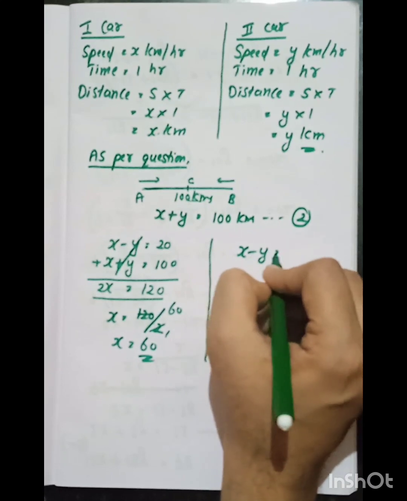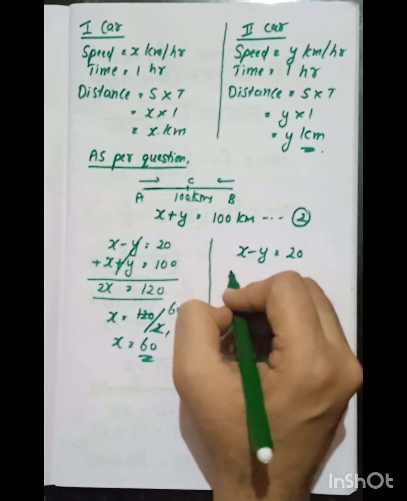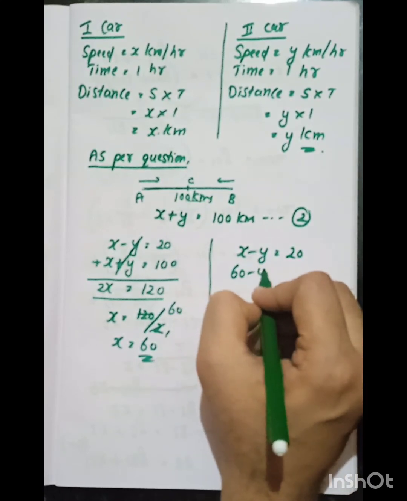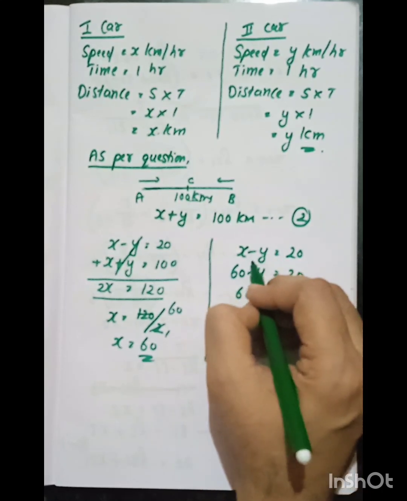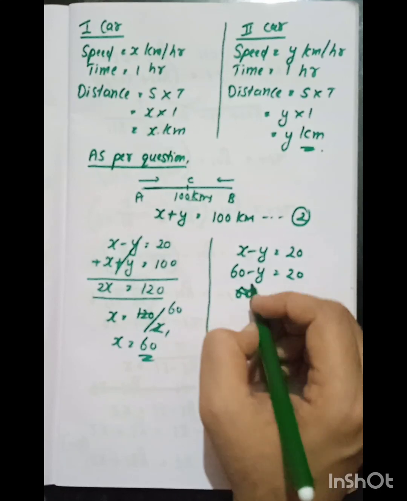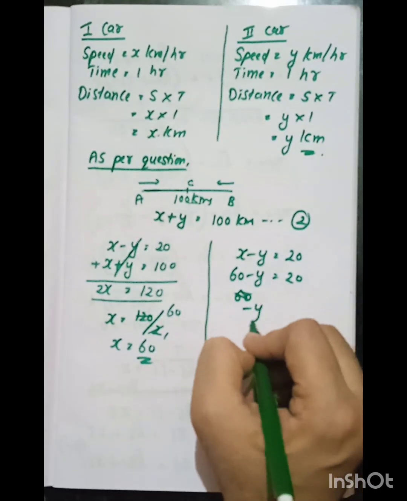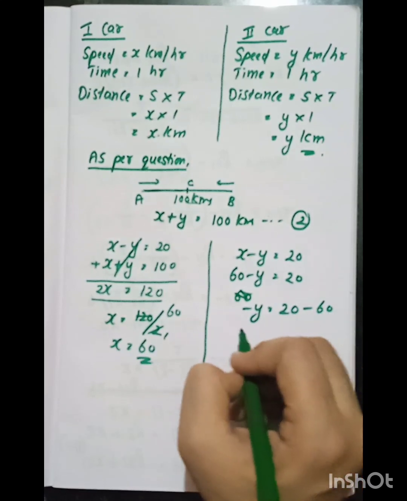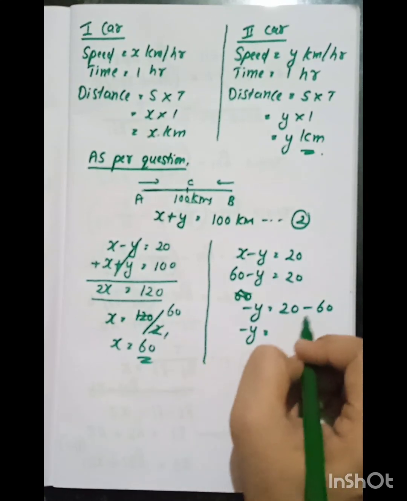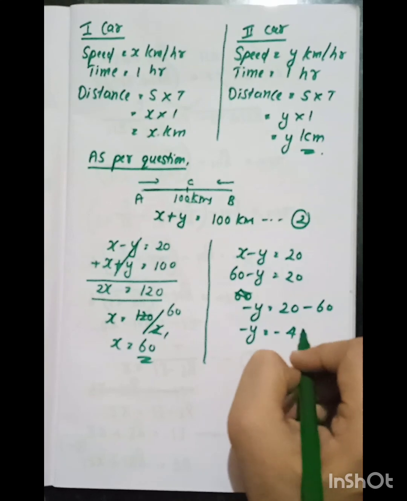x minus y equals 20. x means 60 minus y equals 20. Bring 20 here, or you can do it this way also: minus y as it is, 20, bring 60 here, minus 60. Minus y equals plus 20 minus 60, that is minus 40.